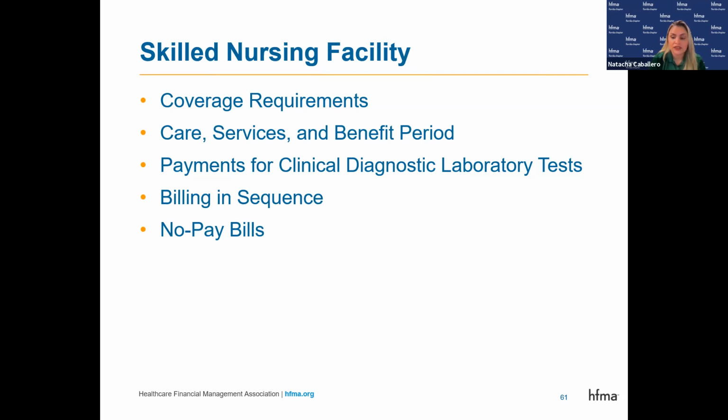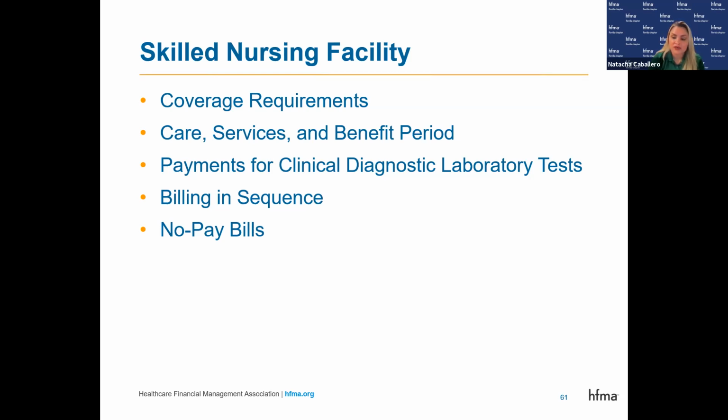Requires skilled nursing services or skilled rehab services, requires skilled services on a daily basis. Daily skilled services can only be provided on an inpatient basis, and ancillary services are available if needed on an emergency basis. Covered services include room and board, therapies, medical social services, and drugs, as well as biologicals and DMEs.